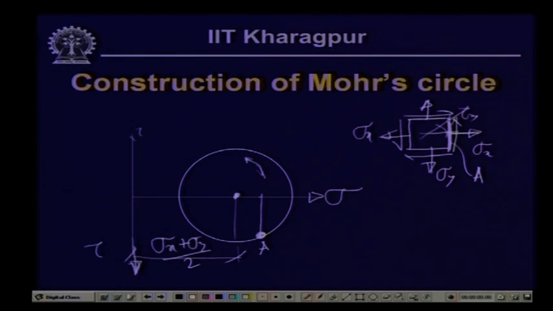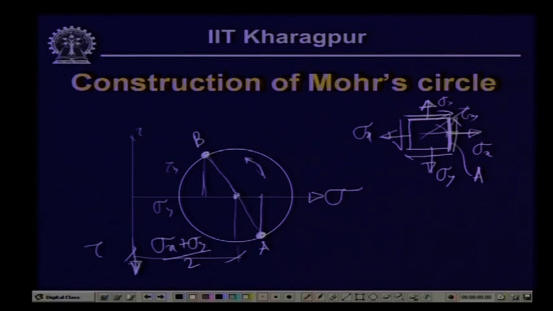Likewise, the perpendicular plane has normal stress sigma y and shearing stress tau x y, and is at an angle of 90 degrees with respect to plane A. So, in the Mohr circle, if we go 180 degrees from this point, we get another point, plane B, where we have sigma y and tau x y.